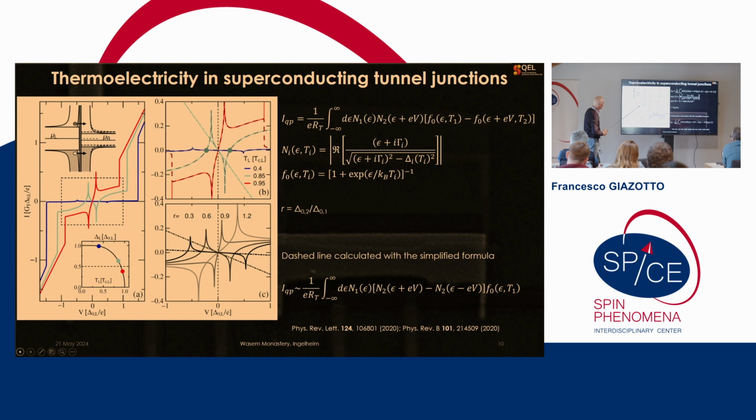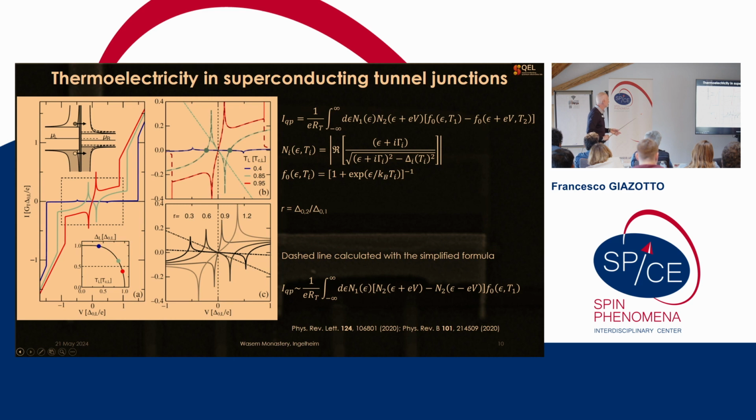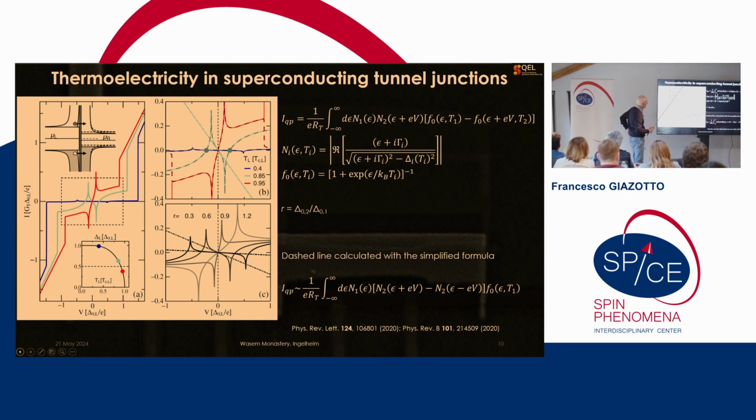These second and fourth quadrants are the way that the junction can produce power in the system, whereas the first and third are power dissipation. So if we are able to exploit these two parts, it means that we are able to make a self-circulating current in the system to produce power. How can we do this?